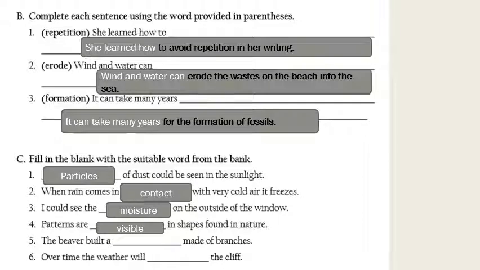Number five, the beaver built a blank made of branches. Beaver is an animal and built, and he used the branches to build it. So he made what? A structure. Number six, over time, the cliff will what? The weather will erode the cliff. Okay?